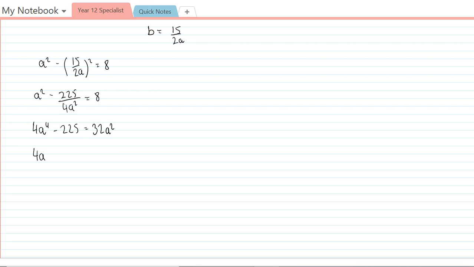So 4a to the 4 take 32a squared take 225 equals 0. I suspect that it's going to be 2a squared times 2a squared to make the 4a to the 4.